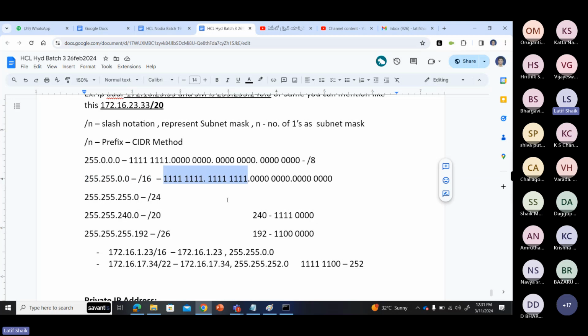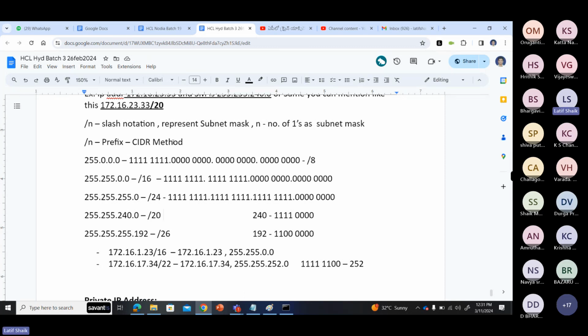If you write it in binary, you have 16 ones. This is /24, meaning 24 ones. If you write it in binary, you see there are 24 ones in this subnet mask. That's why it is /24.